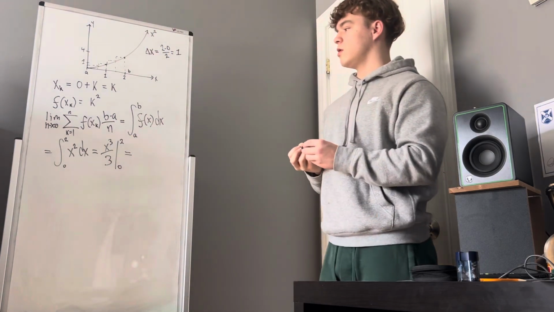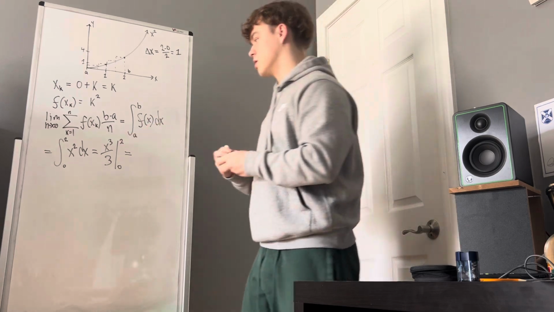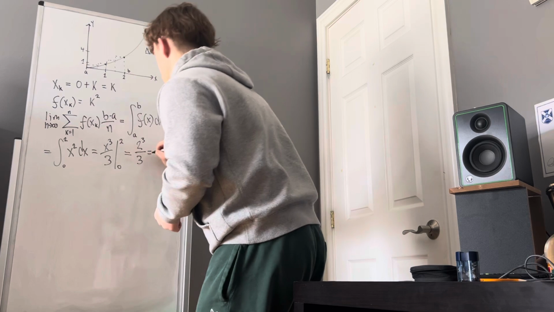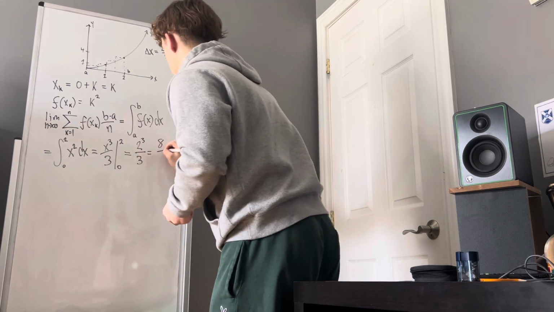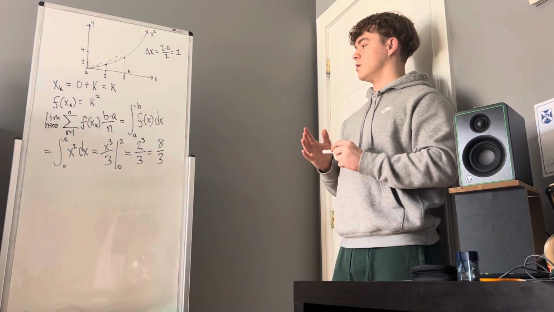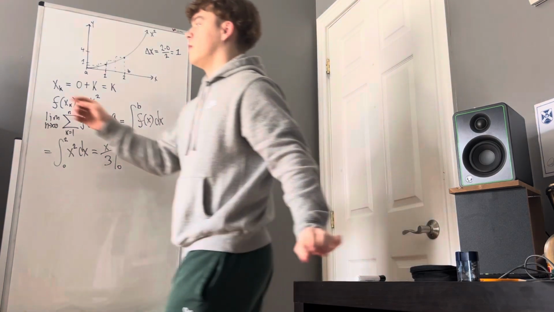So we plug in 2, we plug in 0. We know that if we plug in 0, this is just going to be 0. So this is just 2 cubed over 3, which is 8 over 3. Very cool stuff. So that's your integrals.